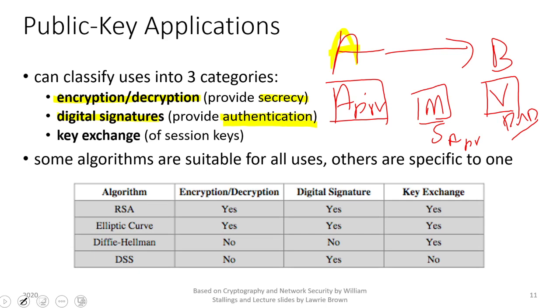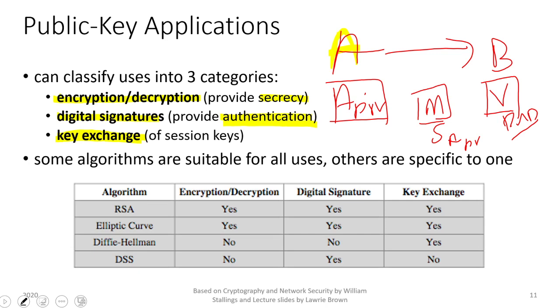Then another thing that we would do with public key applications is what is known as key exchange. With key exchange, what we do is, for example, we can use the public key approach to share some information back and forth, and then establish a secret key for the particular communication, and then keep on using symmetric encryption approaches.